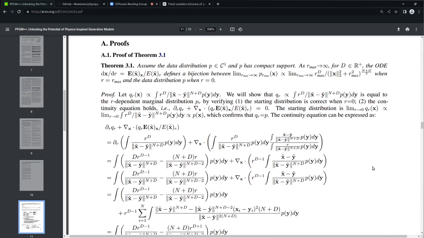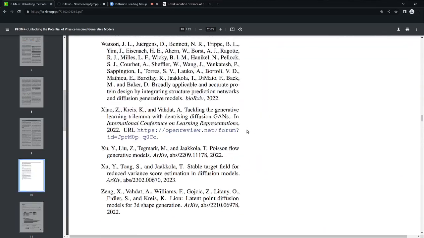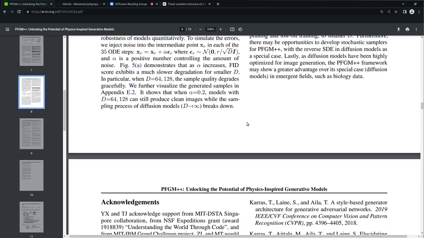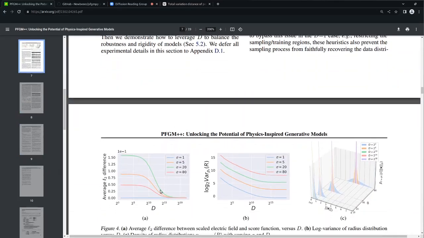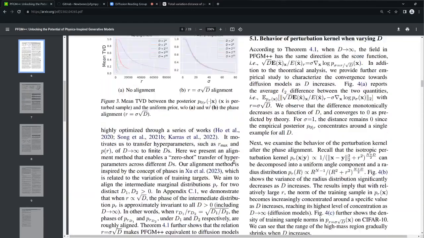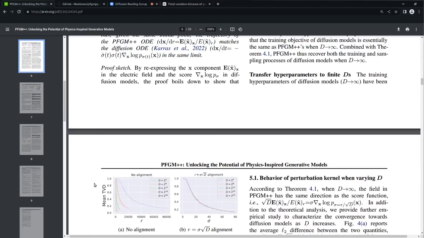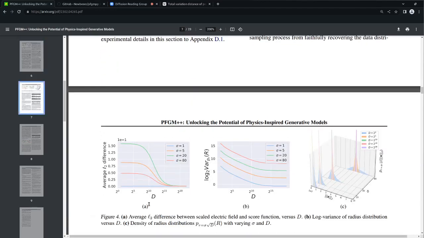You formally prove that it's equivalent because you have to, but you could also just be satisfied by the figure here showing that, for example, the actual distance between the fields decreases. Well, no, technically this is the figure that tells you experimentally that the fields converge to the diffusion one.